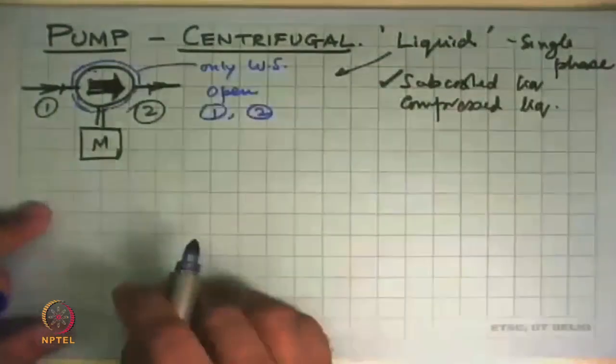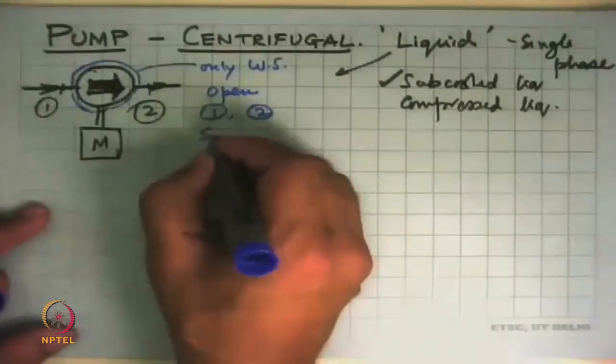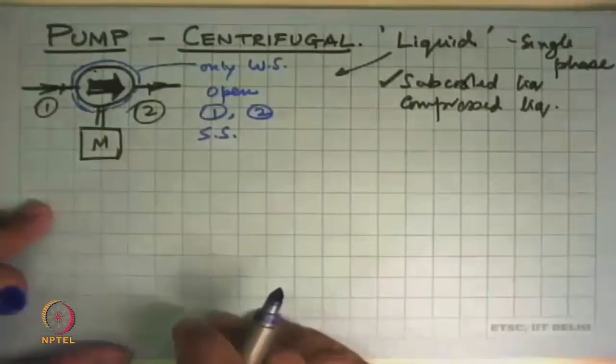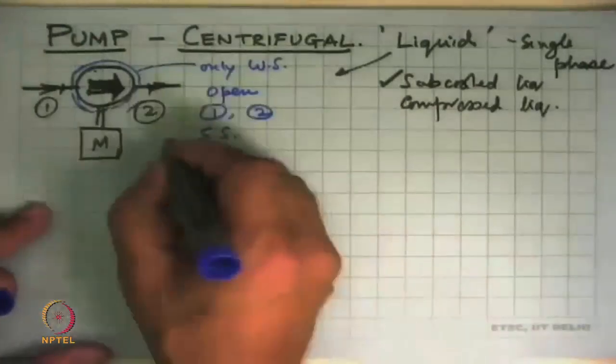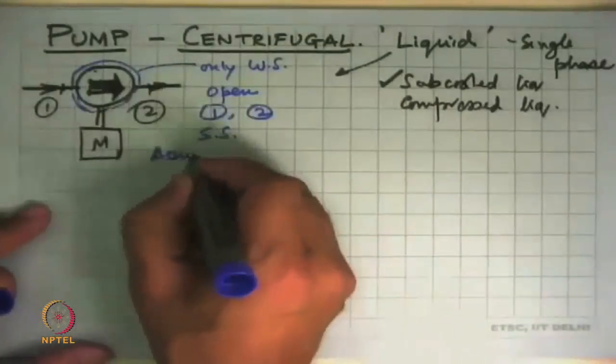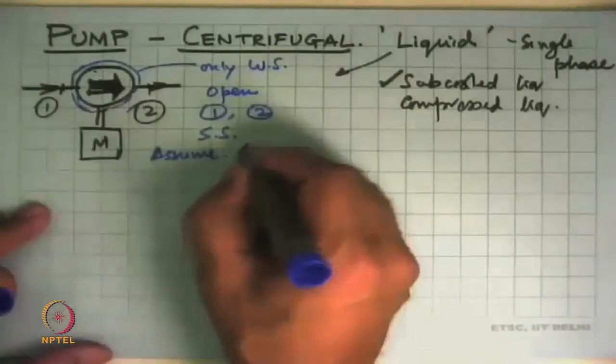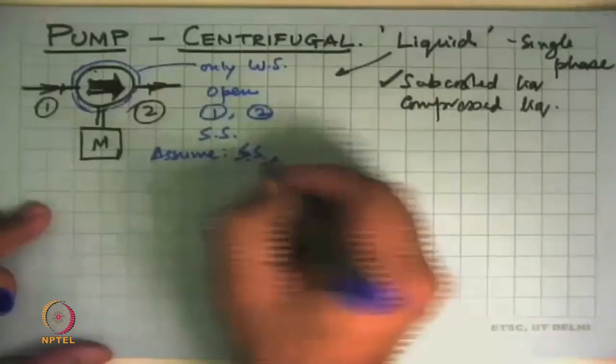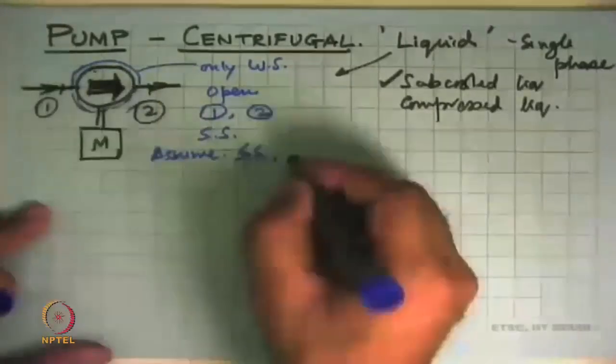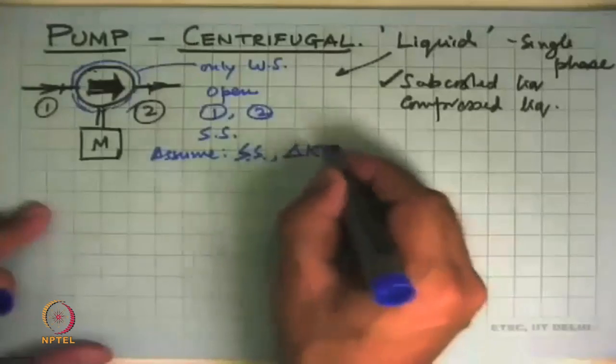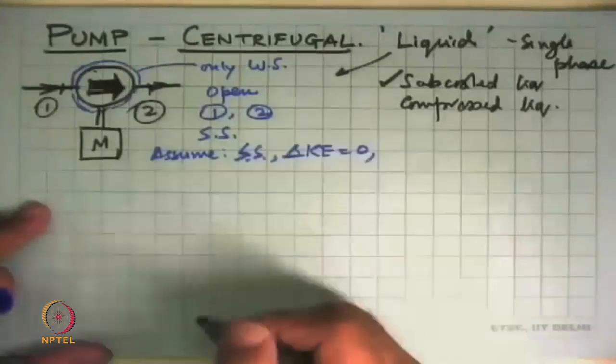And we know that this is a liquid, so how can we then begin the analysis? First thing we assume is steady state. So when I'm writing this, we actually should be saying that it is assumed that there is steady state, and elevation references are very small. Delta KE equal to 0 is okay.